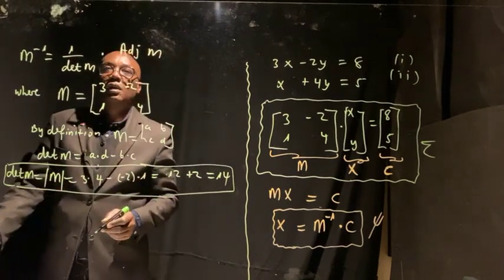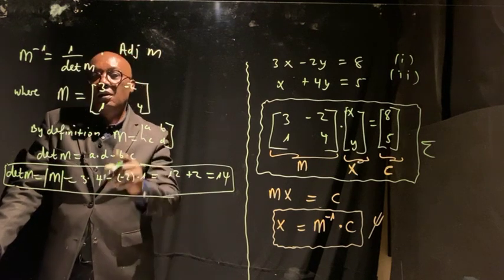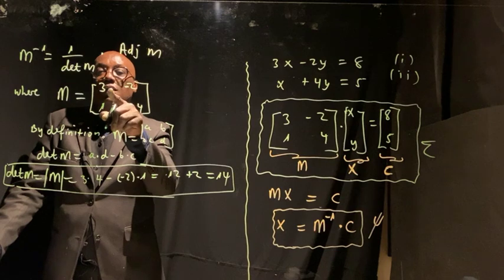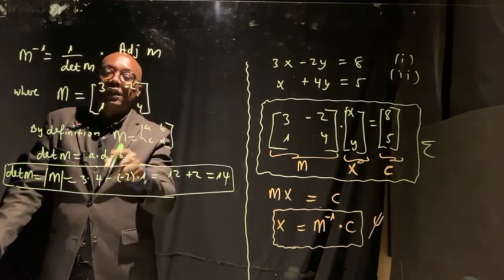Now, what about the adjoint of the matrix M? Remember that we still have the matrix M to be 3, minus 2 over there, 1 and 4 over there.